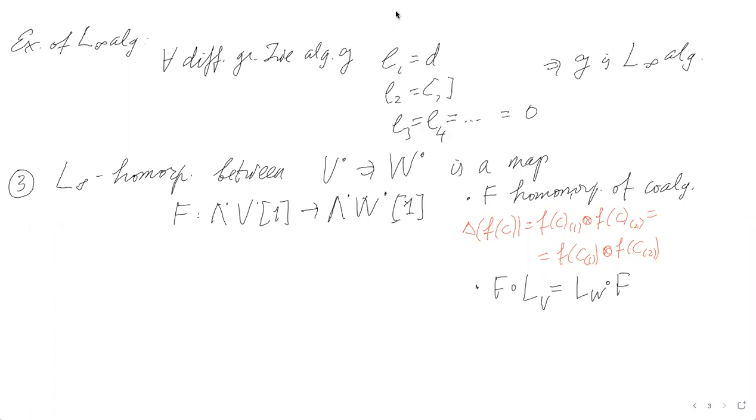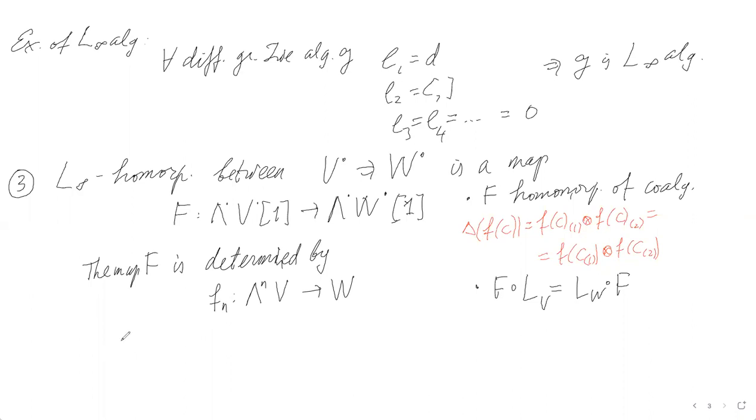And now, as before, since everything is free here, the map F is determined by a composition of F with projection onto W. So in this case, it gives us a series of maps, just as before, Fn from lambda n V into W. And this Fn should verify certain conditions, which are pretty lengthy and a little bit awkward to write down, except for the first couple of them.